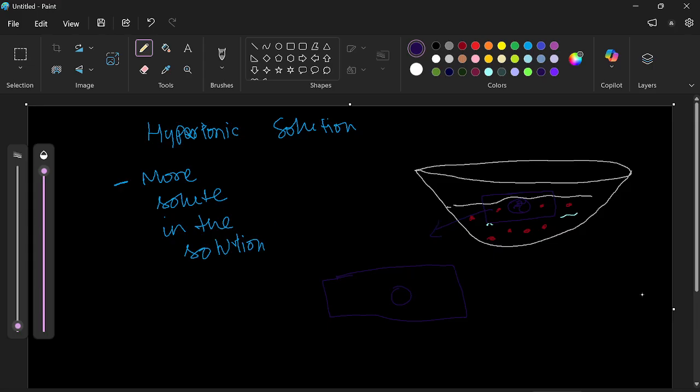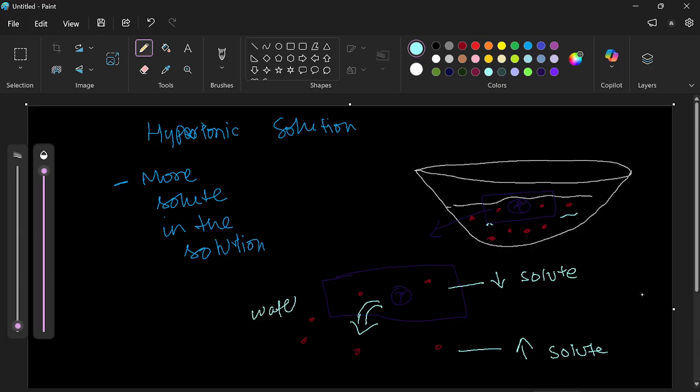Due to the lower amount of solute inside the cell and the higher amount of solute outside the cell in the solution, the water from inside the cell will move out to the higher solute concentration. So the cell has low solute and the outside has a higher solute concentration, so the water from the cell will move outside.